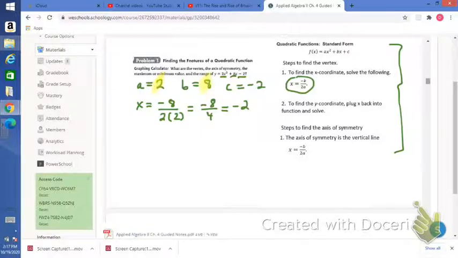Now to find the y-coordinate of the vertex, we're going to plug x back into the function and solve. So y is going to equal 2 times, and everywhere I see x, I'm going to plug in negative 2.